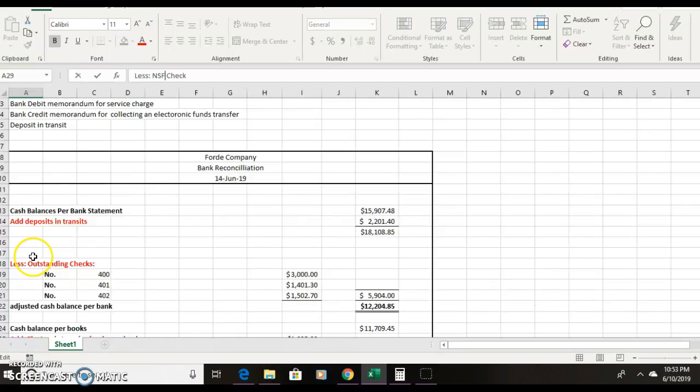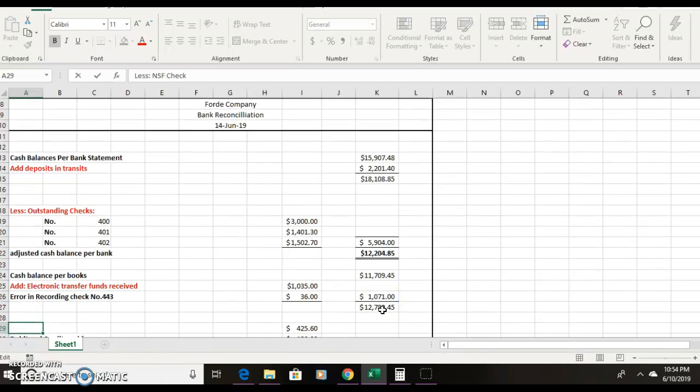Scrolling down, as you notice, I have put those items that we are looking for in red so that it'll help you find them. Add deposits in transit, less outstanding checks, and then we have the adjusted cash balance per bank. And that gives us 12,204.85.